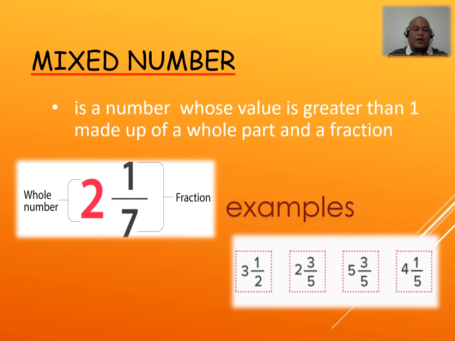Another kind of fraction is a mixed number. Mixed number is a number whose value is greater than 1, made up of a whole part and a fraction, like this. 2 is a whole number and 1/7 is a fraction. We can say this as 2 and 1/7.